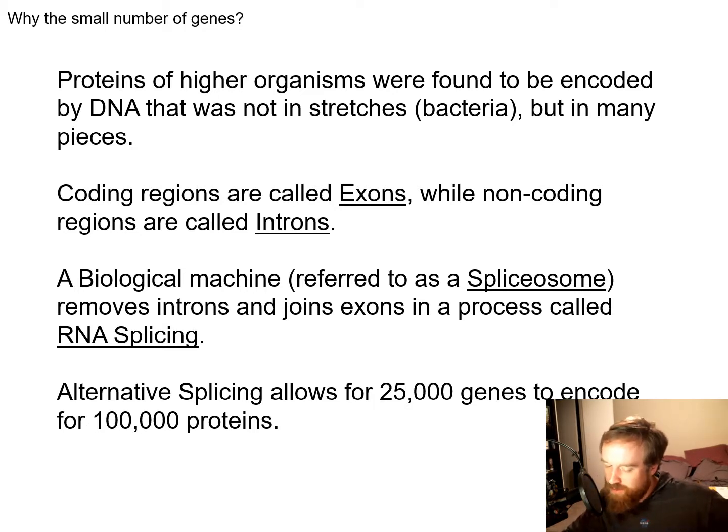This was a very difficult question for scientists to answer for a long time. We knew that proteins were encoded by DNA, by genes. But what we didn't know at the time was that a single gene can actually encode multiple proteins.